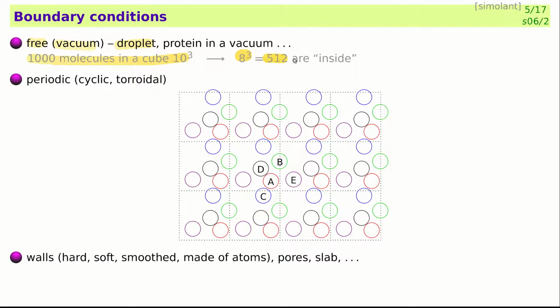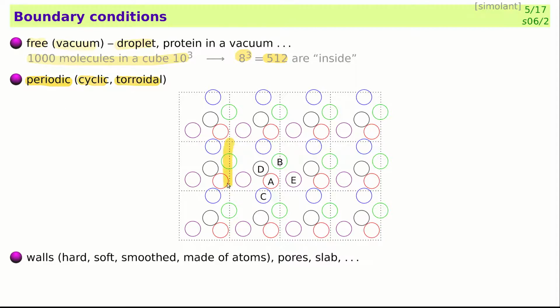That is, 1/2 of these molecules are at the boundary, and they don't behave as molecules in a liquid. So it's inefficient. That's why we use the periodic boundary conditions, or they are also called cyclic or toroidal, but periodic is nowadays the most common term.